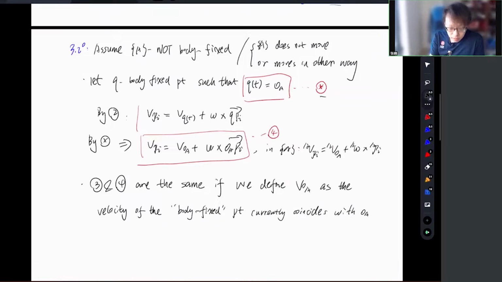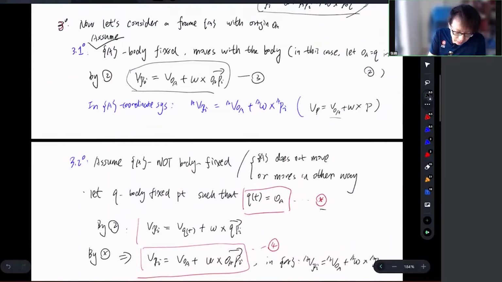That's the point. In 3, the condition is that OA is body fixed, so it rotates the same as the body.